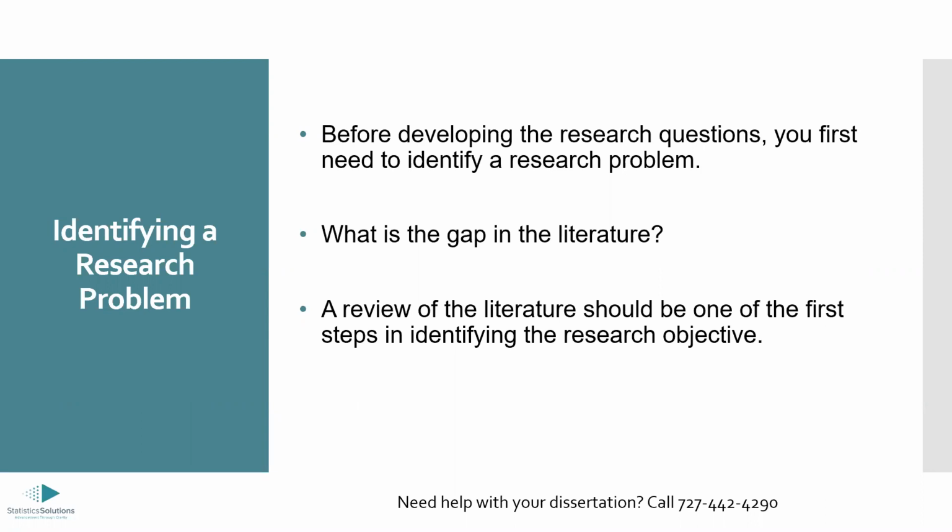So that's kind of a simple way to get around replicating a study, centralizing it to a particular location. So that should be one of the first steps, is you need to conduct a review of the literature to identify your research problem and your research objective.